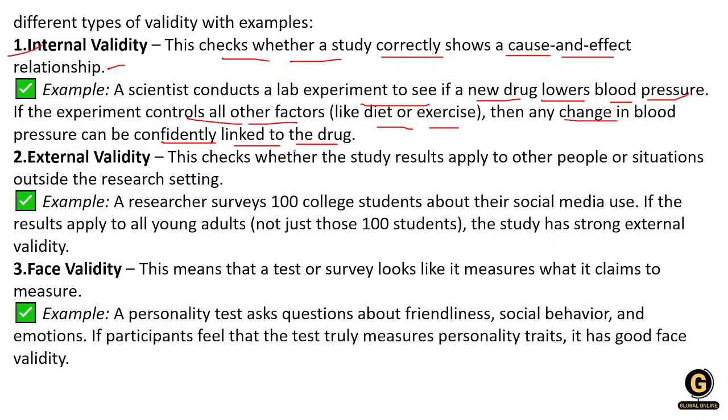Then external validity. This checks whether the study result applies to other people or situations outside the research setting. For example, a researcher surveys 100 college students about their social media use. If the results apply to all, not just those 100 students, the study has strong external validity.